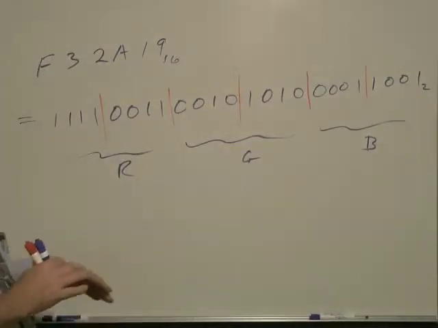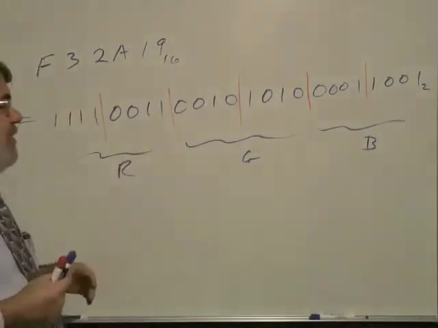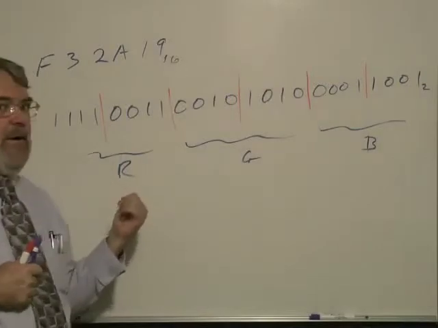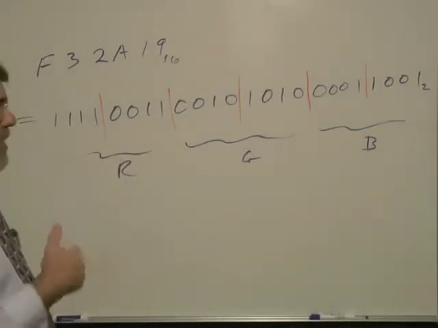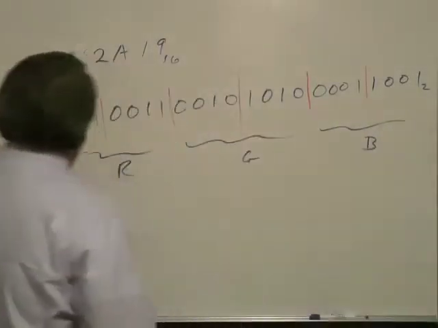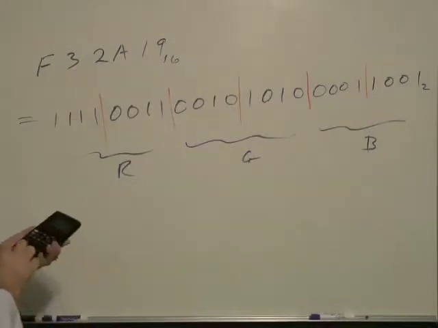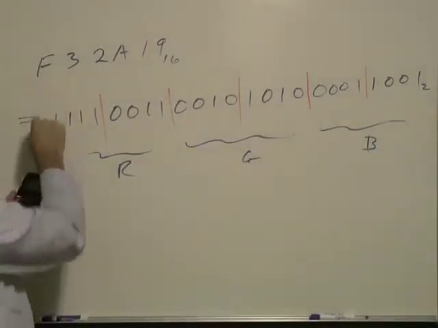So your computer sends a signal to the screen, whatever generates colors on the screen. It lights up the red part of that pixel to this degree of intensity. Now I don't know what that number is, but we could calculate it pretty quick, because F3 would be 3 plus 15 times 16.